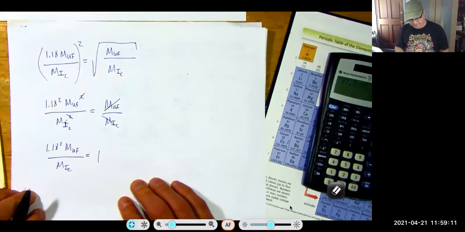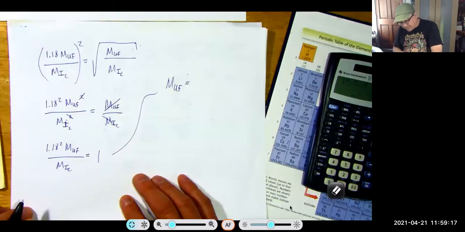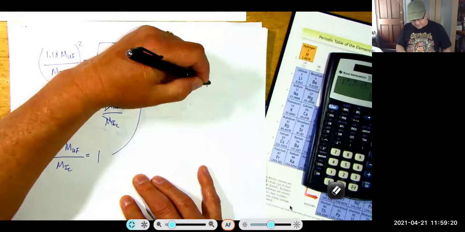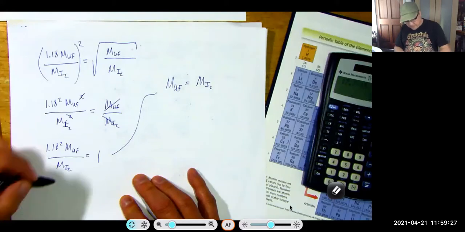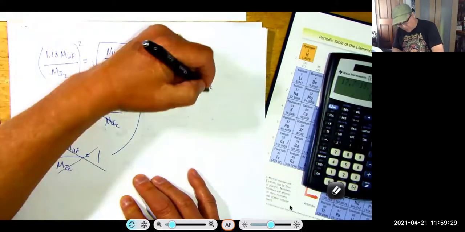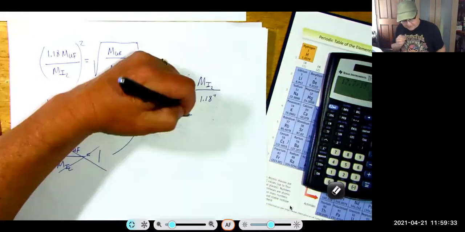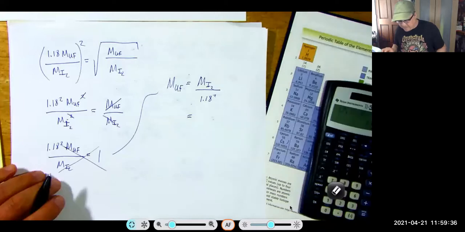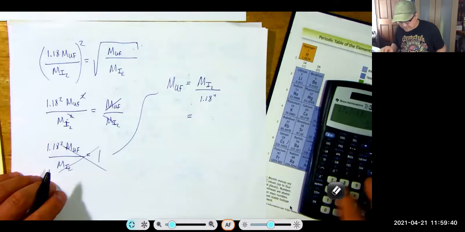So that means that the molar mass of UF is going to be the molar mass of I2 divided by 1.18 squared, I think, if I did this right. I may have just got myself into trouble, but let's find out.